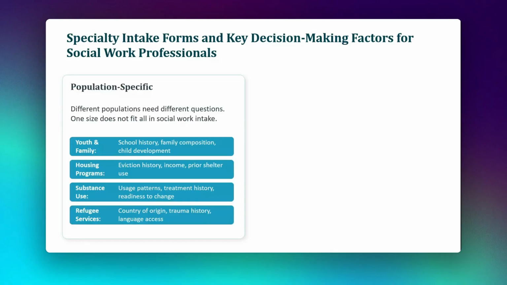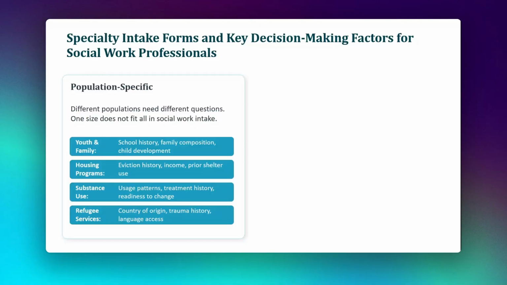For youth and family programs, you're capturing school history, family composition, maybe development milestones. Housing programs want to know eviction history, income, and whether a client has used shelter services before. Substance use programs need questions about usage patterns, prior treatment, and readiness to change.